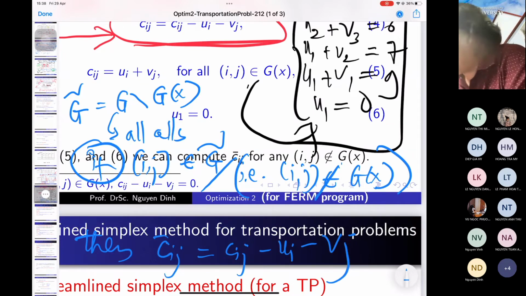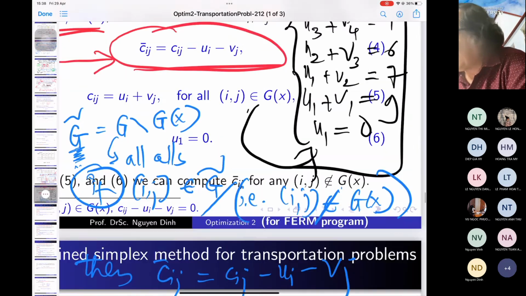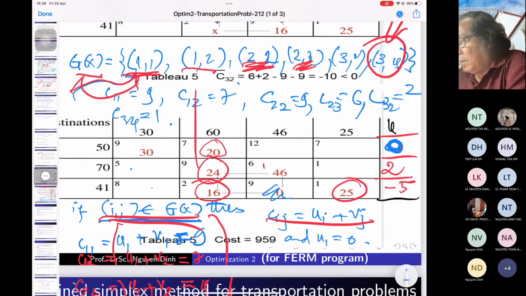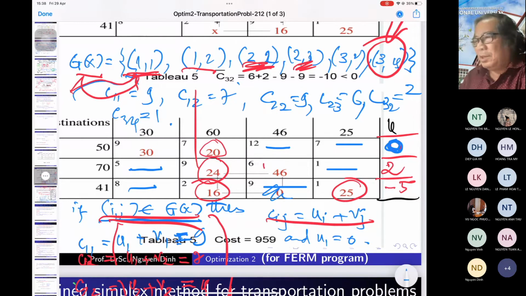That's all. And then G tilde here is what? In this case, G tilde includes 13, 14, 21, 24 and 31, 33. That's all. Is that okay?